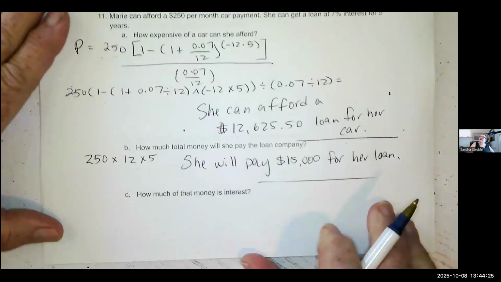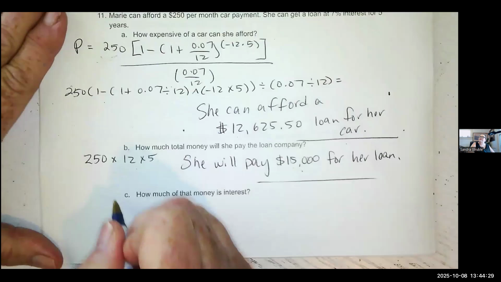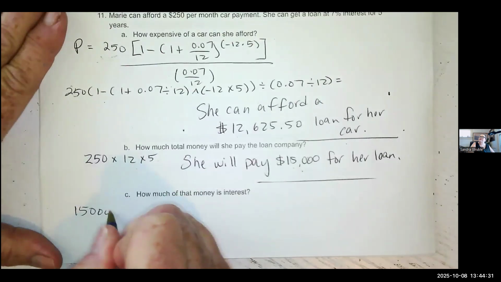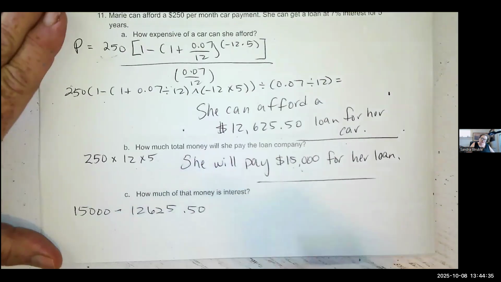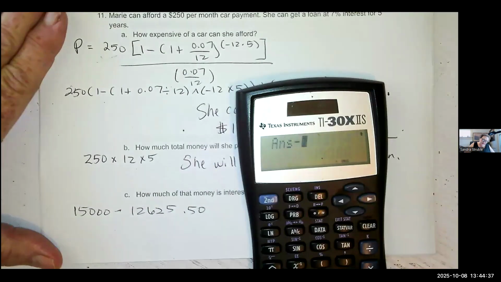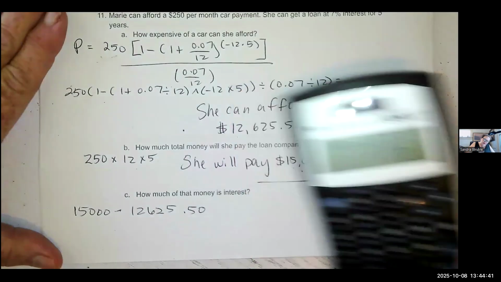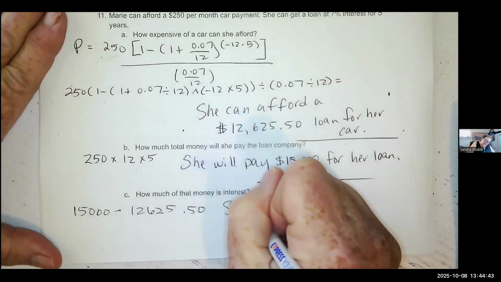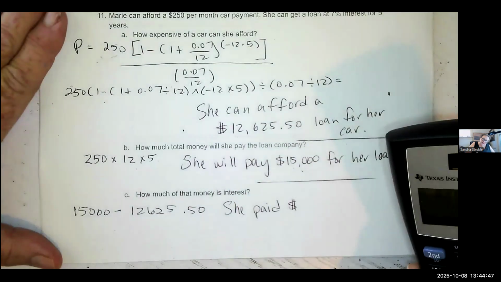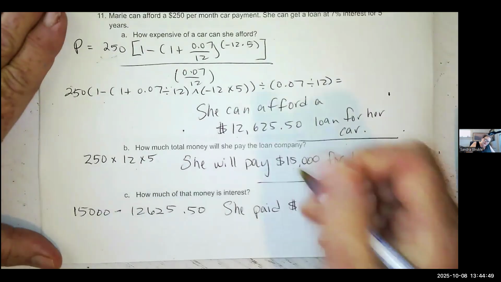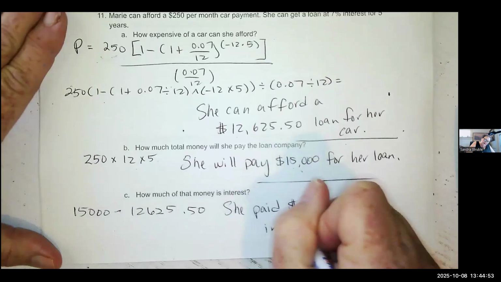Lastly, how much interest is that? The interest is just the amount she paid minus the amount of the loan. Leave the 15,000 in there, minus 12,625.5. So she paid $2,374.50 in interest.